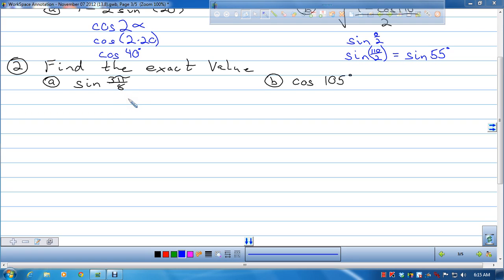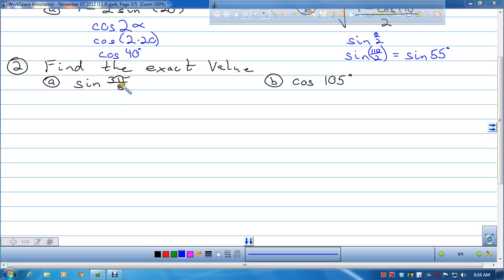Therefore, I'm going to try to figure out what this is. Is this 2 times some angle that's on the unit circle, or is it half of what's on the unit circle? 3 pi over 8, if it helps out, you can change this to degrees.